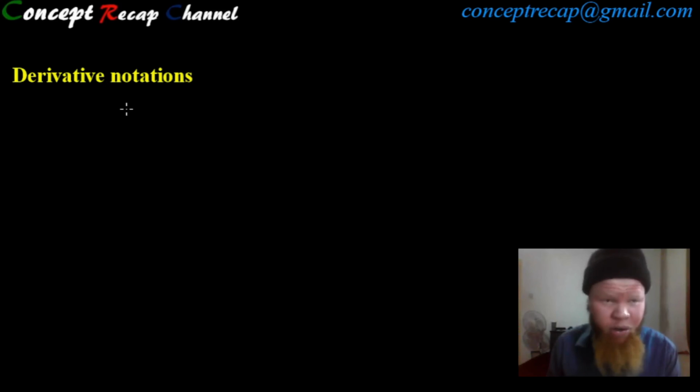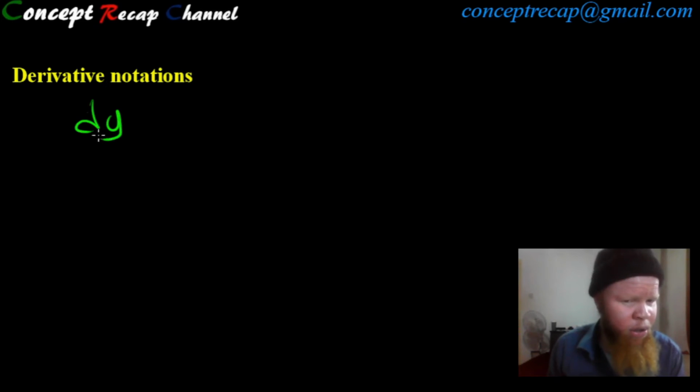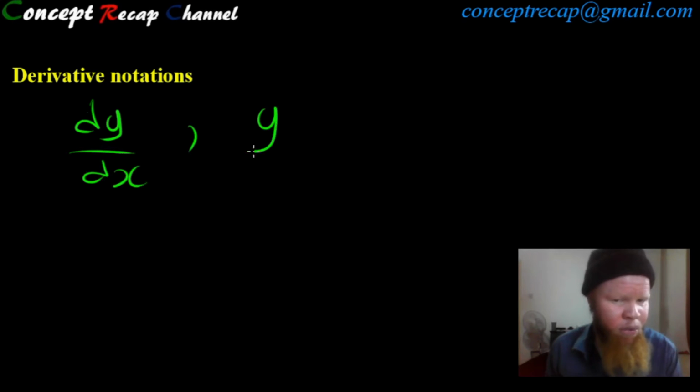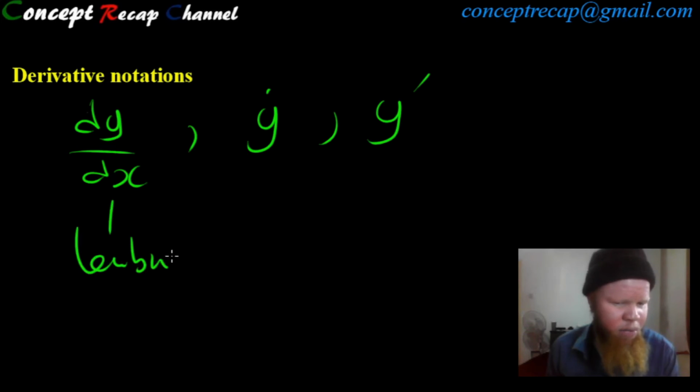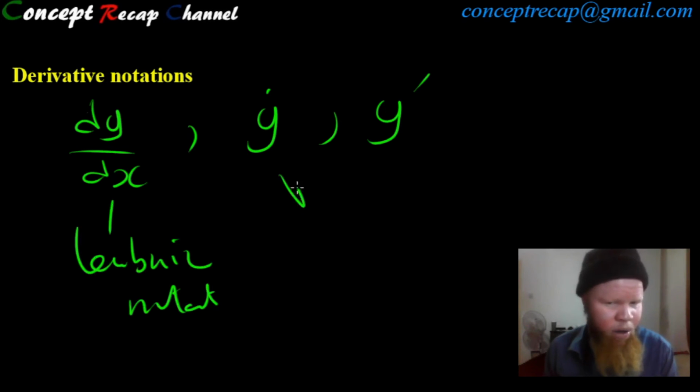Now let's look at derivative notations. On this one we have the notation dy/dx, and we have y dot, and also we have y prime. This is what they call Leibniz notation, and this one they call Newtonian notation.